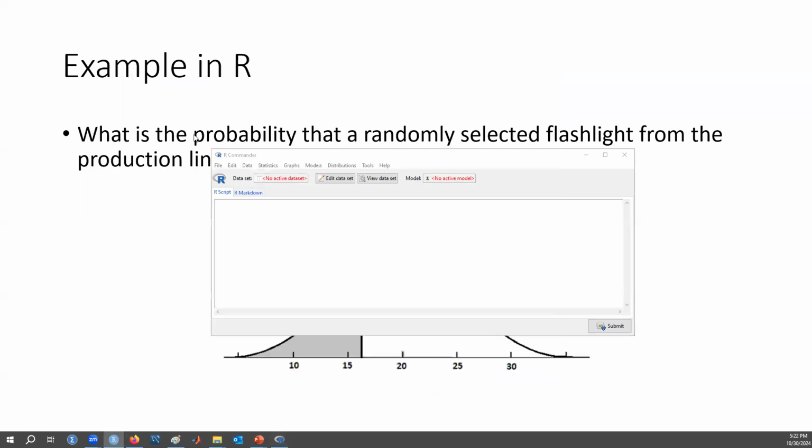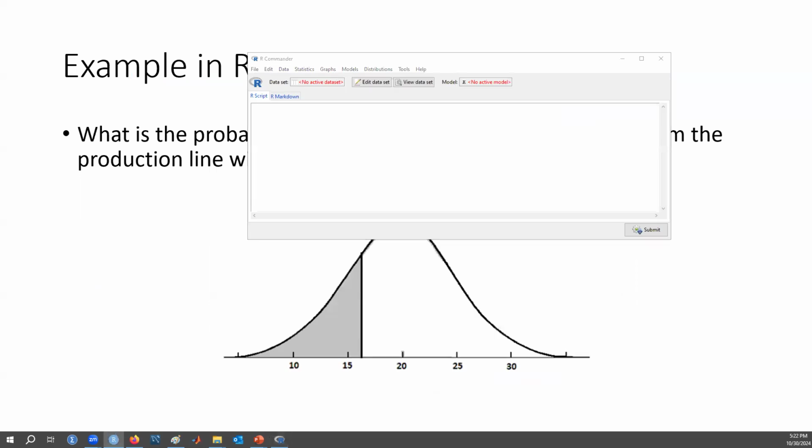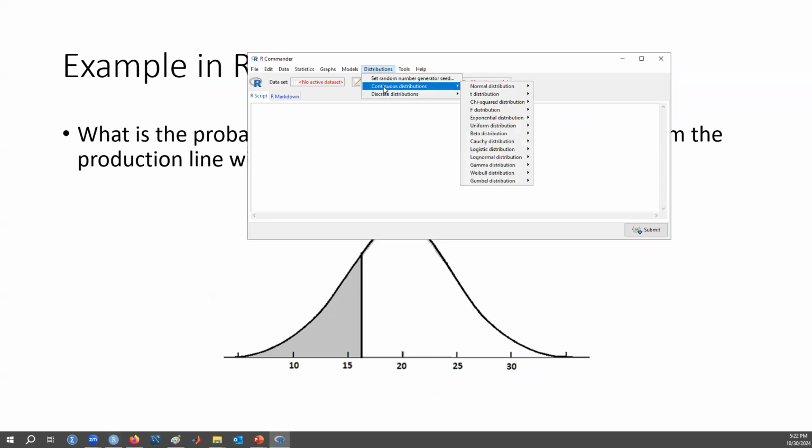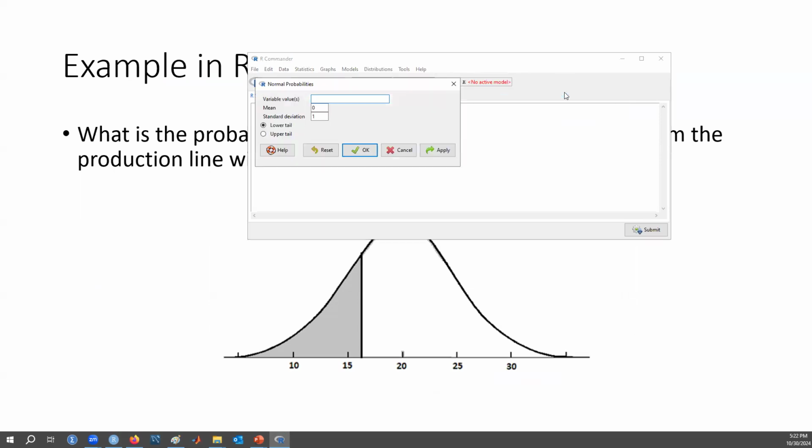Okay, so let's take a look here. What were our values again? Less than 16 hours. Okay. So what we have to do is go to Distributions, Continuous distributions, Normal distribution, Normal probabilities. Our variable value is going to be 16.